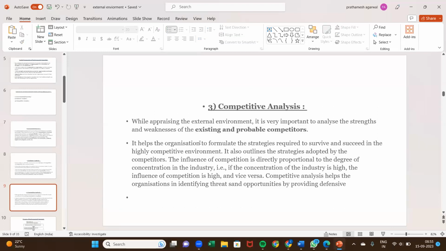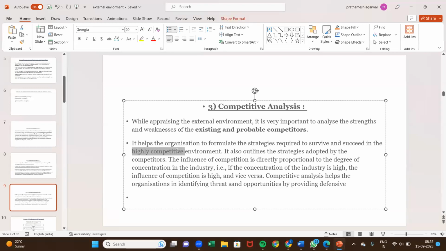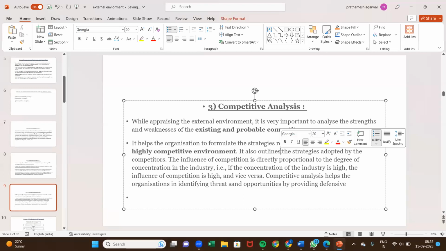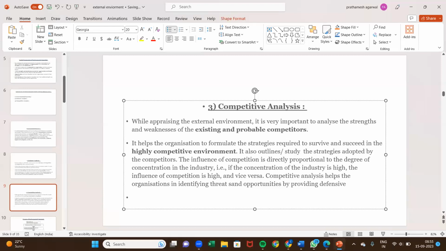It helps the organization to formulate strategies in order to succeed in the highly competitive environment. It also outlines the strategies adopted by the competitors. Outlines means it will also study what strategies your competitor is putting in place.